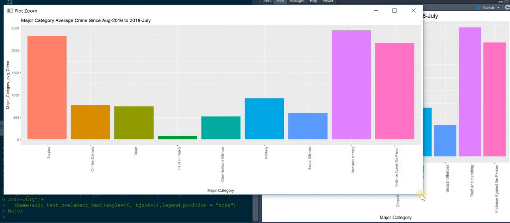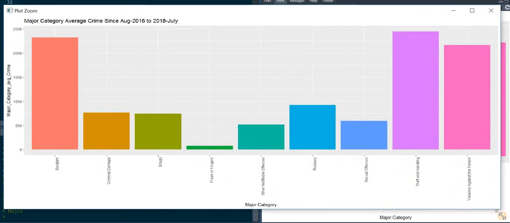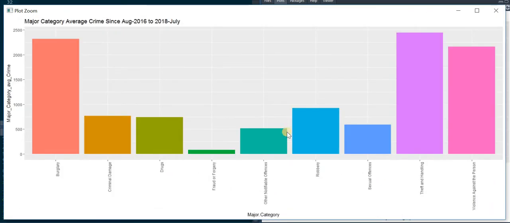You can see the highest average crime committed, which I think is theft and handling, and burglary too, and violence against person. So we can see what kind of major crimes are committed in London boroughs. At the same time, fraud and forgery is quite low.